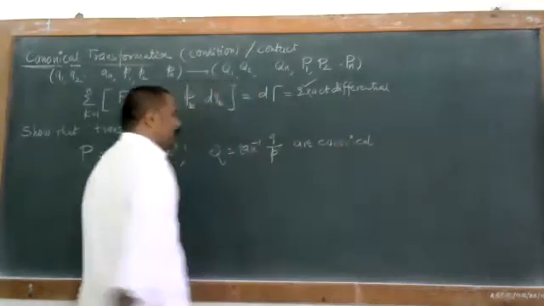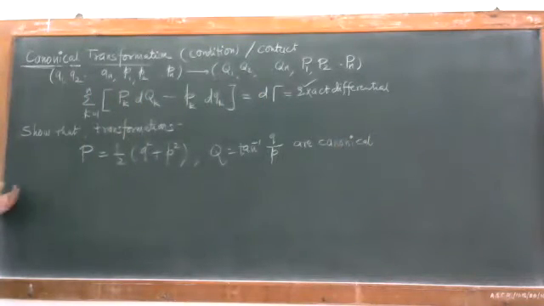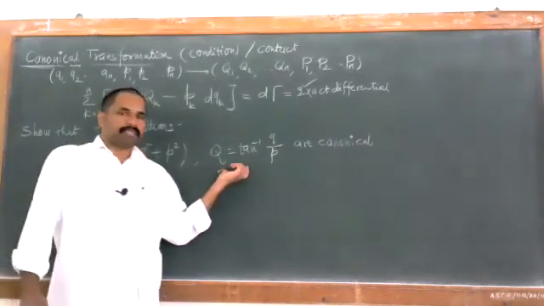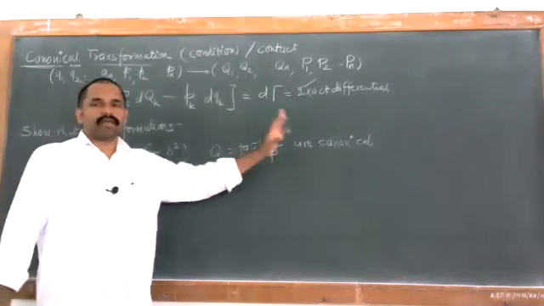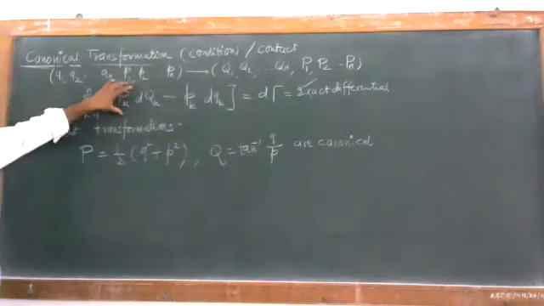The problem is very simple. We are asked to show that this transformation, old to new or new to old, is canonical. That means we have to show this.